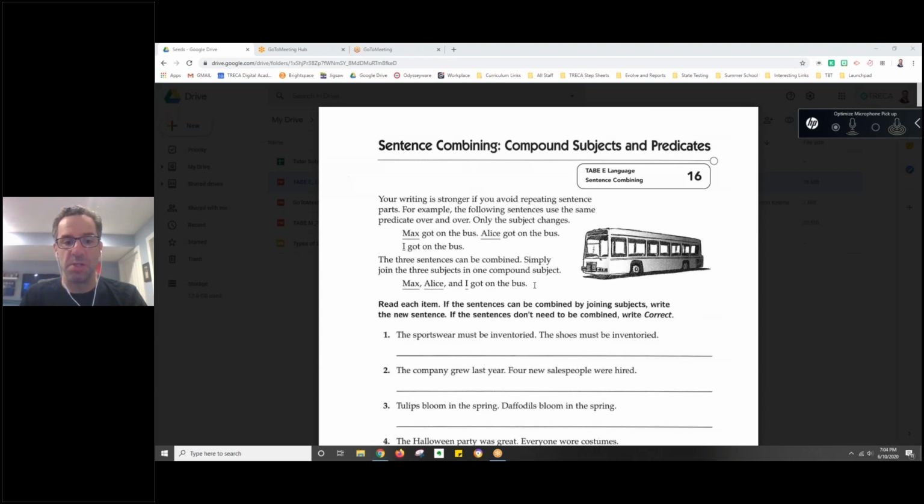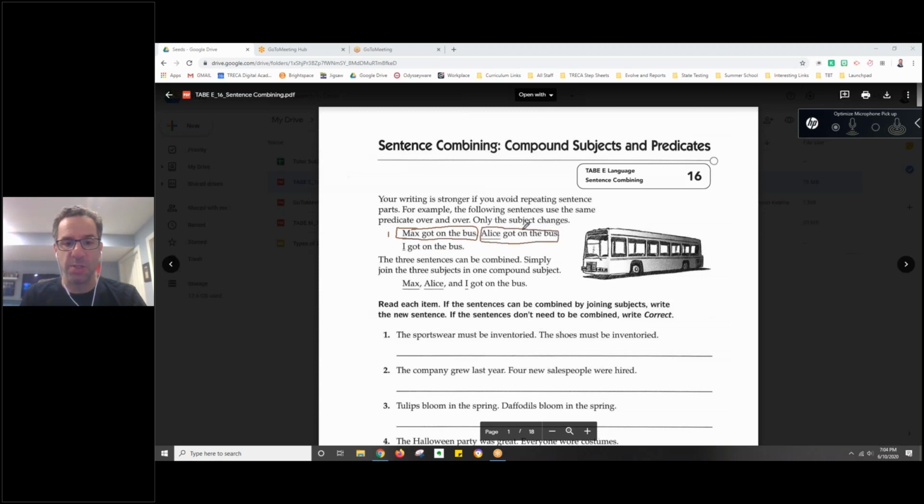Those sentences can be combined, and you just have to join the subjects into one compound subject. The word compound here means just more than one. So Max got on the bus. That is just one subject right here, right? That's subject one. Max is the subject of the sentence.